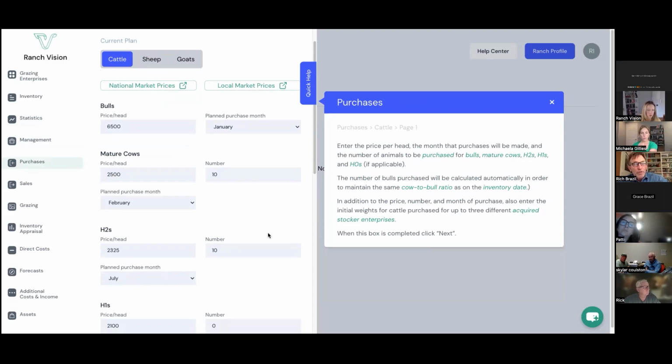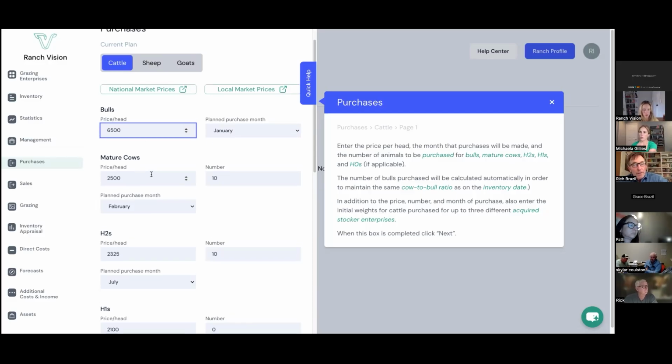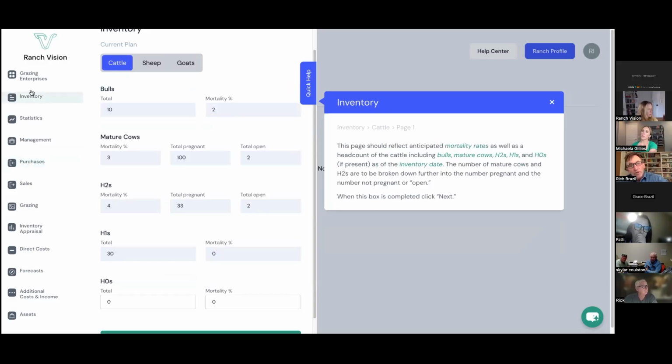And then moving down to the purchases page, when do you plan to buy the different classes of cattle? What do you expect to pay? And you can enter how many if you would like. Notice you don't have to do that for bulls because the program is going to maintain your initial bull to cow ratio by purchasing bulls as necessary to keep that same ratio.